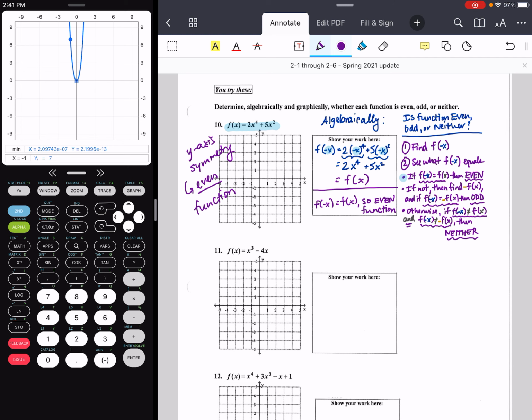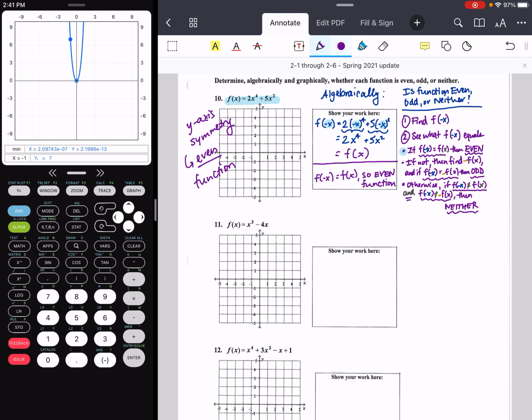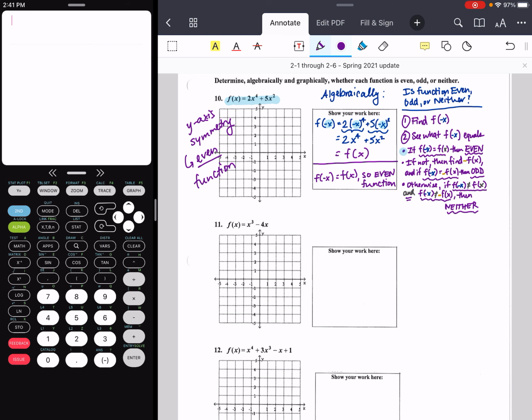Okay. Let's take a look at number 11. So I've got f of x equals x cubed minus 4x. I want to figure out algebraically whether my function is even, odd, or neither. So my first step is I'm going to find f of negative x. So f of negative x for this function is (negative x) raised to the third power minus 4 times negative x.